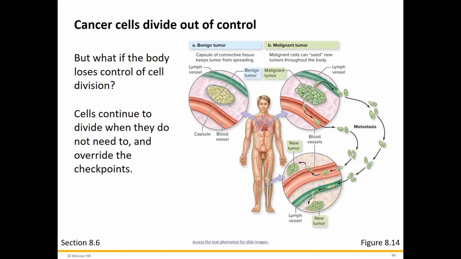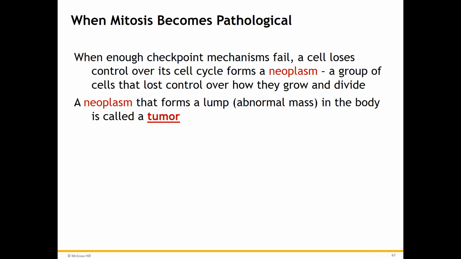And when cells override these checkpoints, they're allowed to continue to replicate. When enough of these checkpoint mechanisms fail, the cell loses control over its cell cycle and forms what we know of as a neoplasm. Neoplasm is just the anatomical word for a tumor.